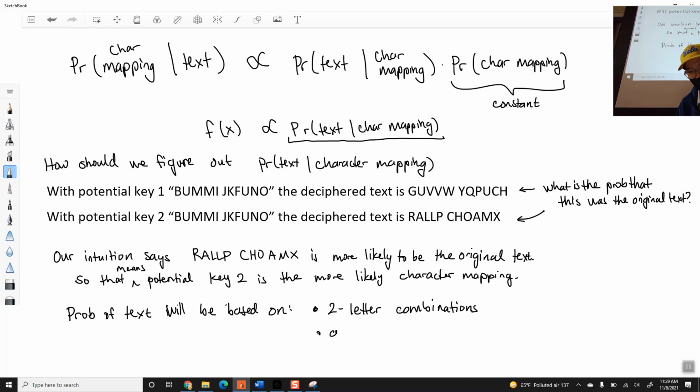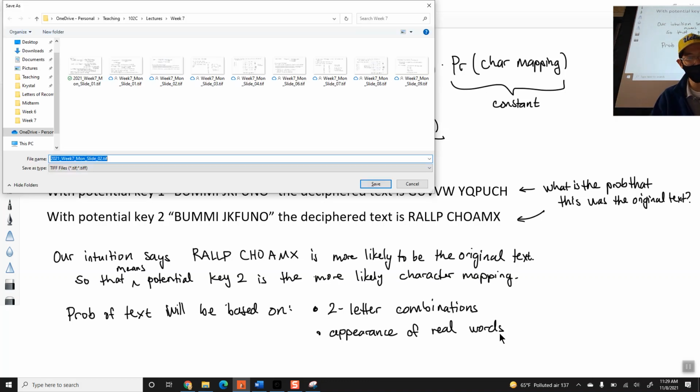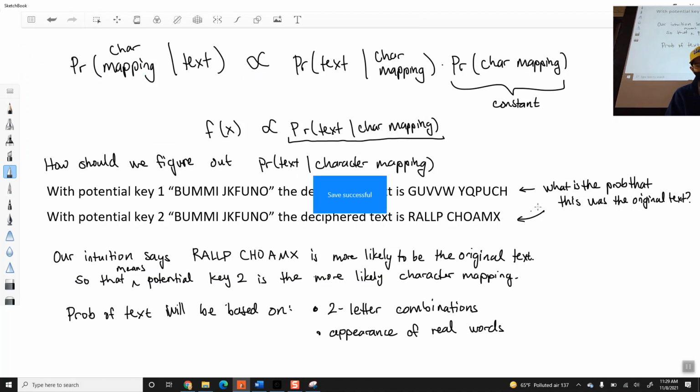And appearance of real words. So if we see a real word, we go, oh, great. Appearance of real words, and better if they are frequent words.